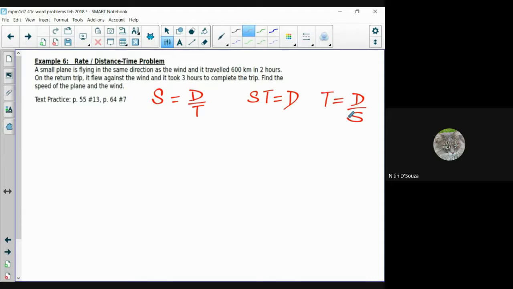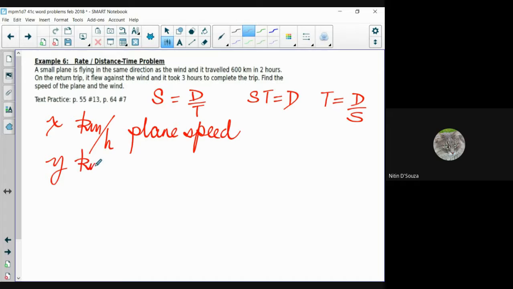So let's say x kilometers per hour is the plane speed and y kilometers per hour is the wind speed. So far?